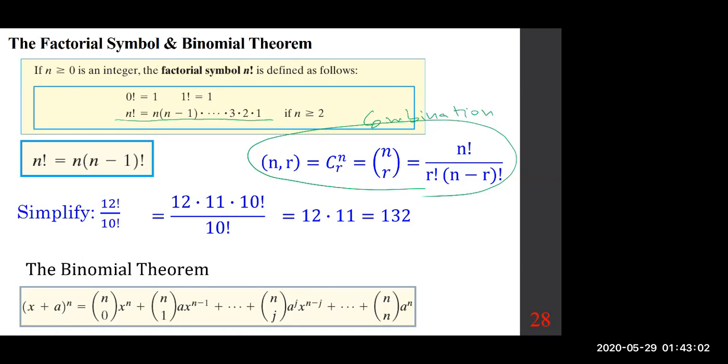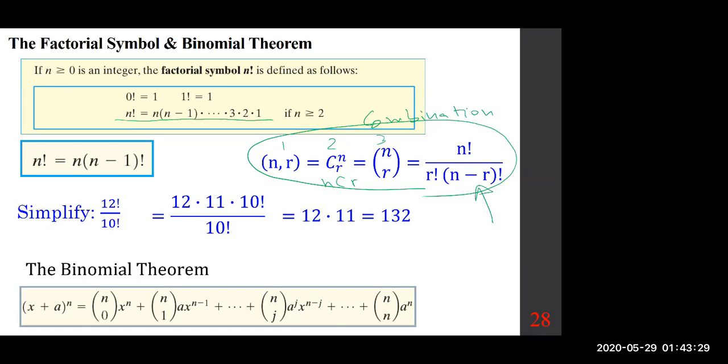So these are three different ways of writing them. They all mean the same thing. The calculator uses this nCr, by the way. And it is n factorial over r factorial times n minus r factorial. Okay, so that is the combination formula.